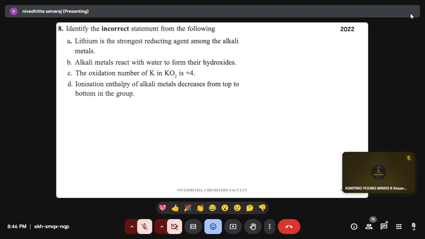By just seeing the statement itself, you can find which one is wrong. Option D, ma'am. No, ma'am. Sorry, ma'am. Option D is correct. It is right. Yes, ma'am. Sorry.